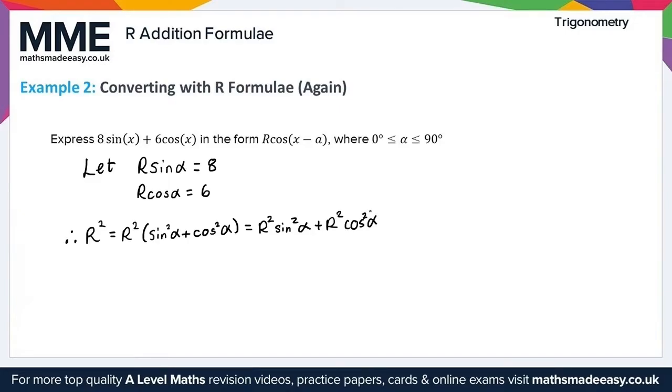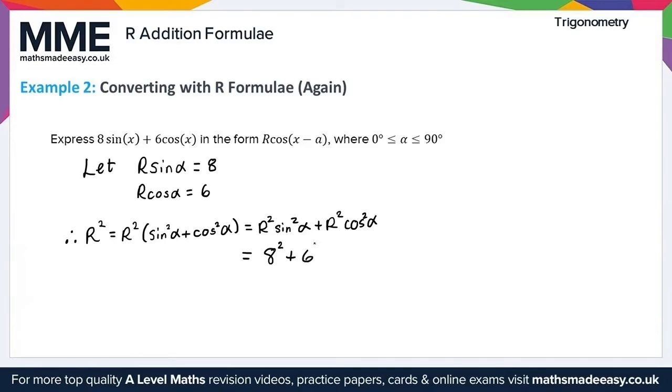Okay. Well, R squared sin squared alpha is just the same as squaring this expression here. R sin alpha squared would give us R squared sin squared alpha, so in that case we just need to square the right hand side. So that's simply equal to 8 squared plus R squared cos squared alpha, and again that's just the same as squaring this left hand side, so we do the same to the right hand side.